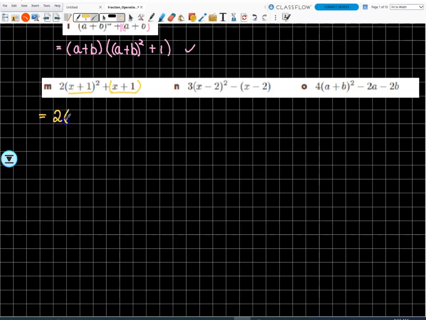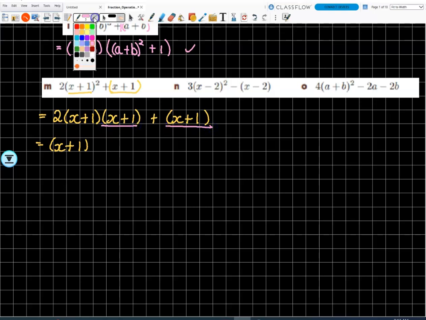So this is your optional line. I'm hoping that as we have done some of these, you're seeing that when you see x plus 1 squared, you're seeing x plus 1 times x plus 1. So we pull out an x plus 1. When I pull it out from here, what am I left with?